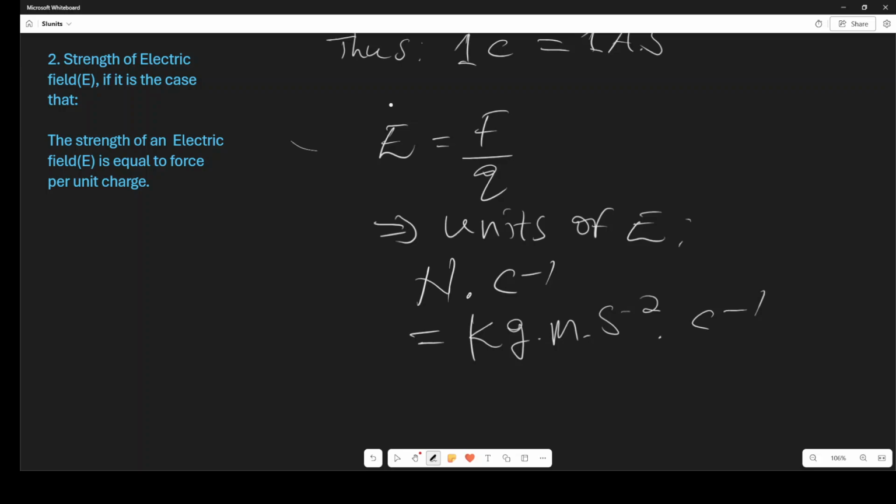So these are the units of the electric field in terms of base units. Okay. We just replace the Newton with kilograms meters per square second.